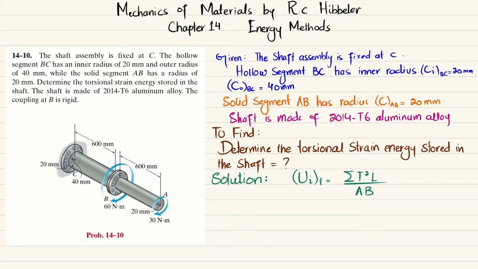So for this portion AB, the strain energy due to torsion will be equal to TAB square into LAB divided by GJAB. Material is same, only diameters are different. And for segment BC, it will be TBC square into LBC divided by GJBC.